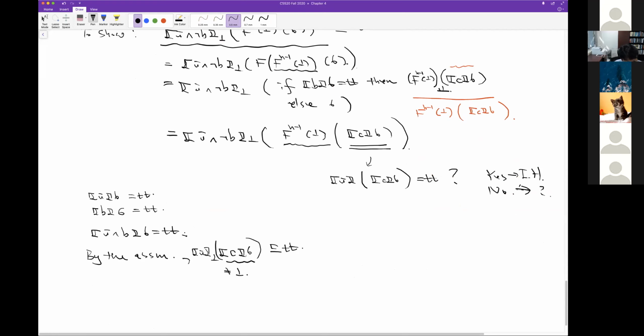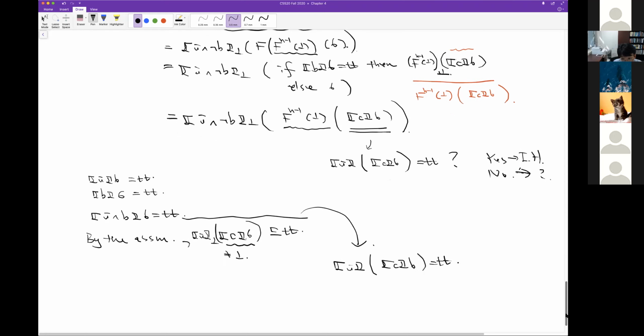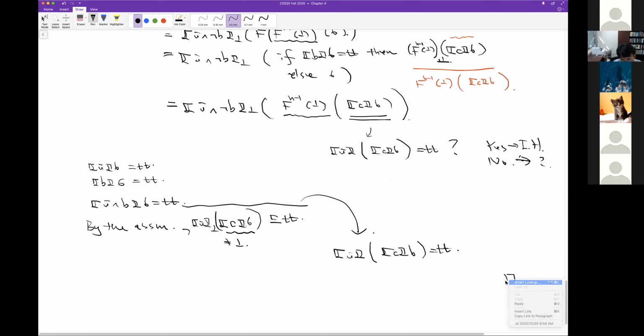So the whole condition here implies I of this sigma is equal to true. Okay. So that completes the proof. So we can apply the induction hypothesis. I mean, that takes care of this question.